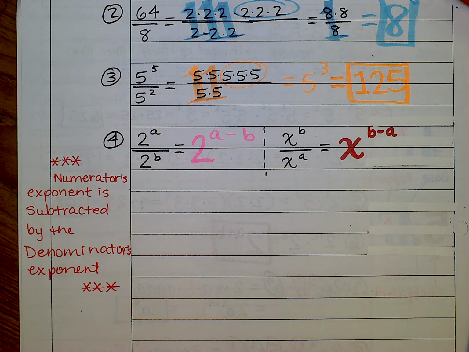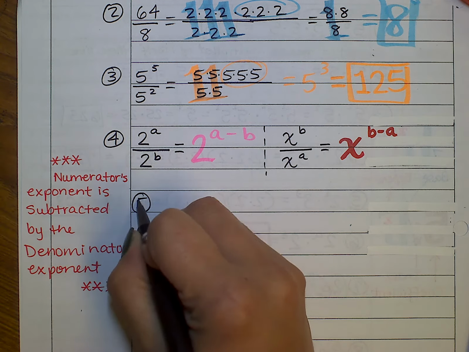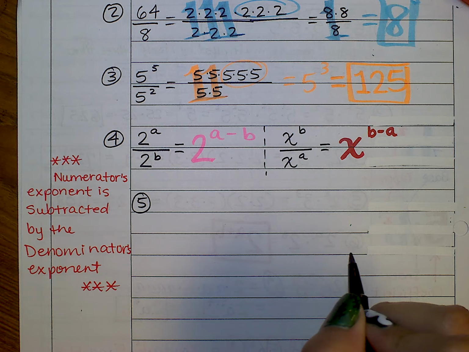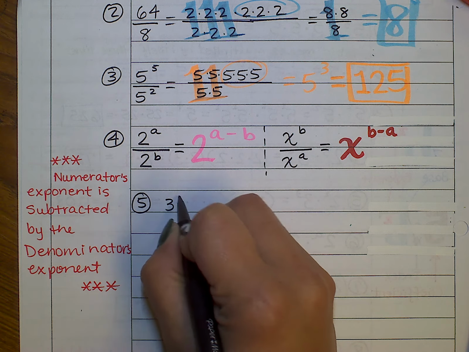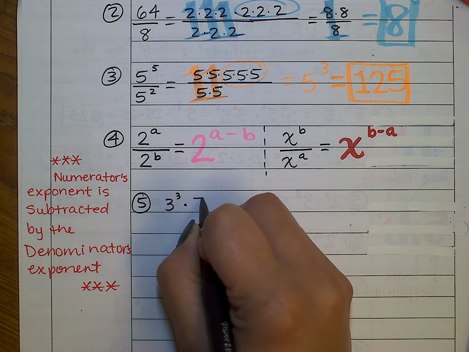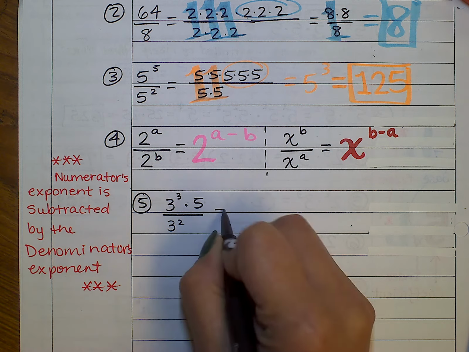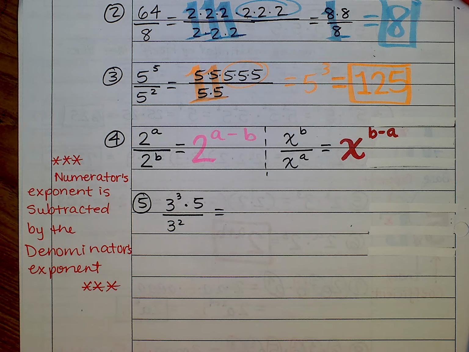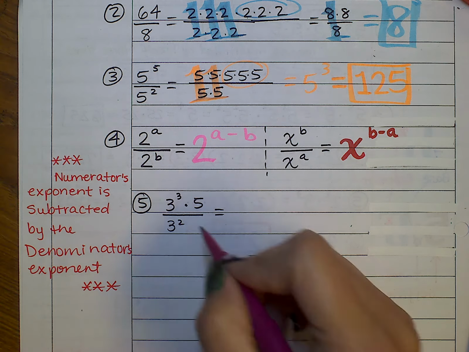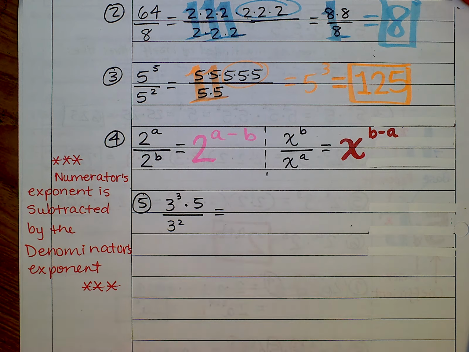So let's move on to example number 5. Example number 5 says 3 cubed times 5 over 3 squared. Okay, so you guys told me here that, well, let's go ahead and expand.